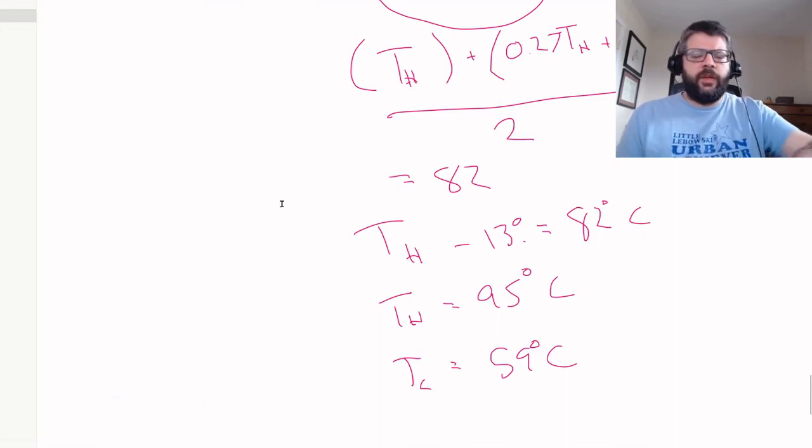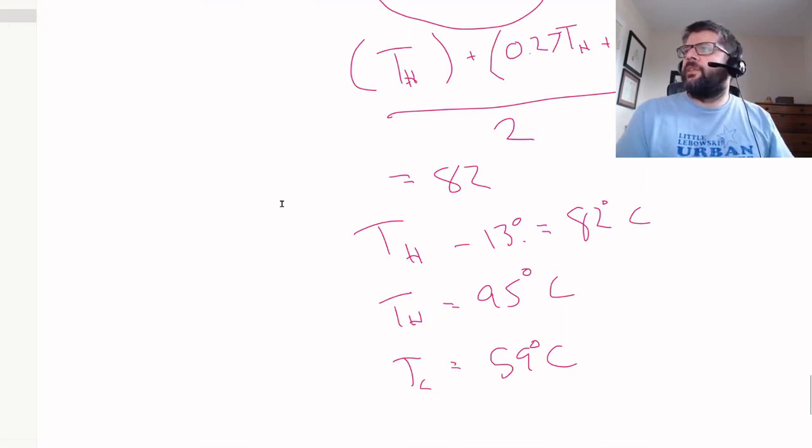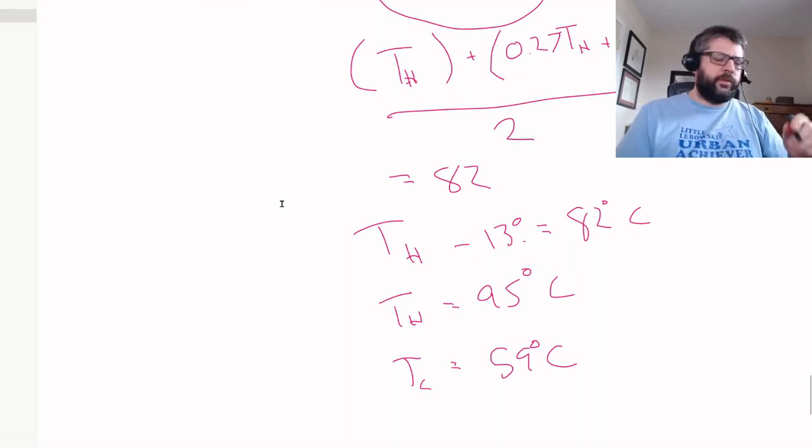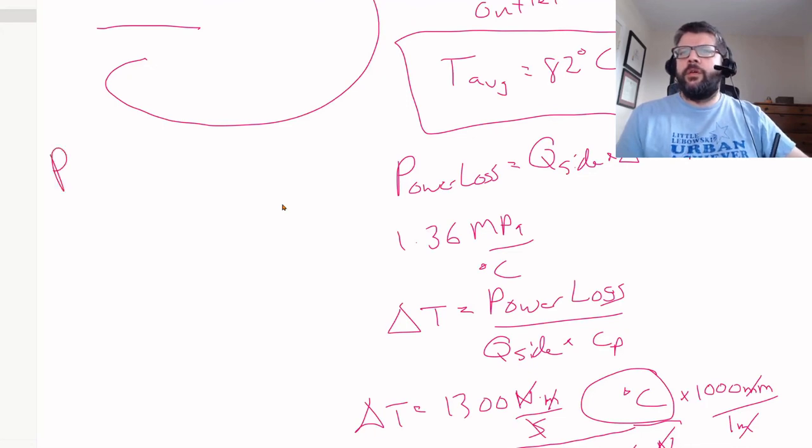So that was for the S equal to 0.36 version. Let's do it for the other one. We've got our power loss again equal to Q side times delta T times CP.